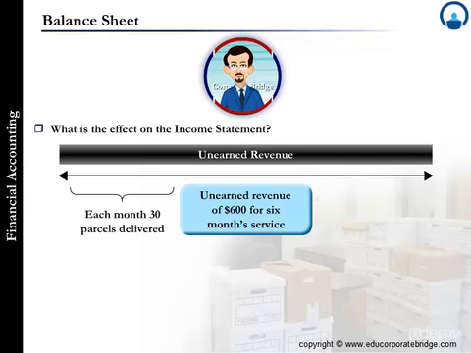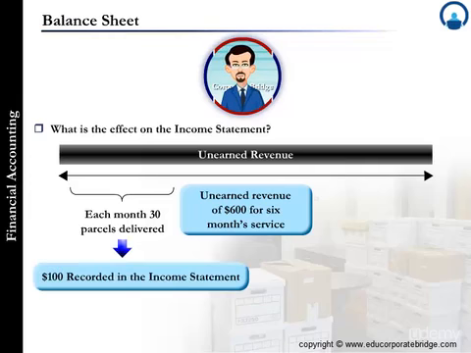Each month as the 30 parcels are delivered, Fast Track will be earning $100, and as a result, each month $100 moves from the account unearned revenue to service revenues.